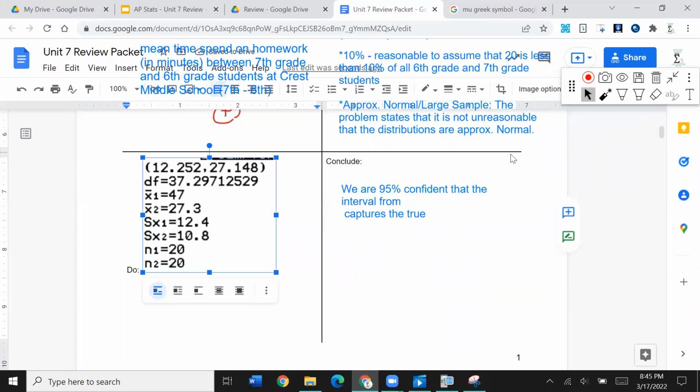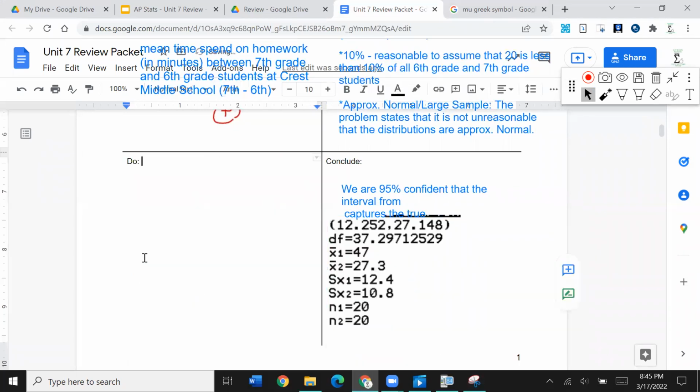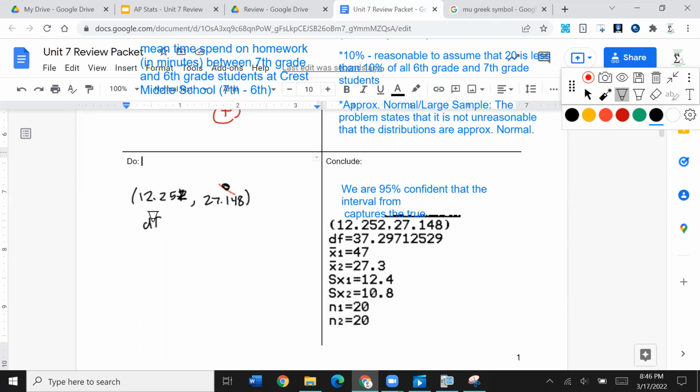What you will do is just state the interval and the degree of freedom. You don't want to write the formula if you're not going to use it, so we can just use the calculator version for the degree of freedom. We'll say our interval is going to be from 12.252 to 27.148. Sorry about that mark there, ignore that. And our degree of freedom is going to be 37.3.